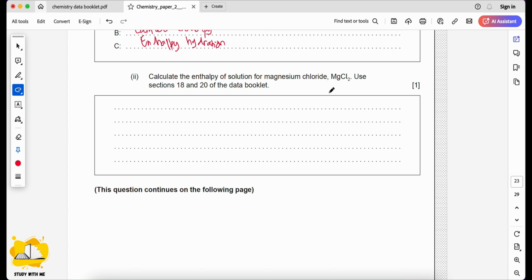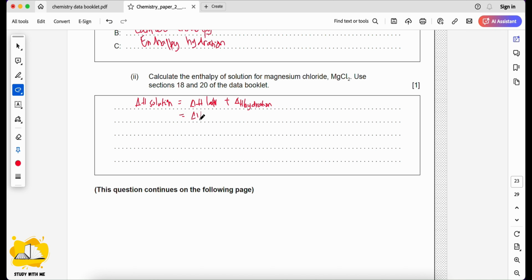Calculate the enthalpy of solution for magnesium chloride MgCl2. Use sections 18 and 20 of the data booklet. Enthalpy of solution is lattice enthalpy plus hydration enthalpy.